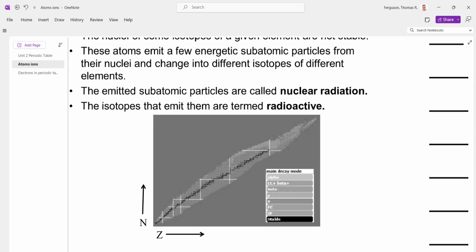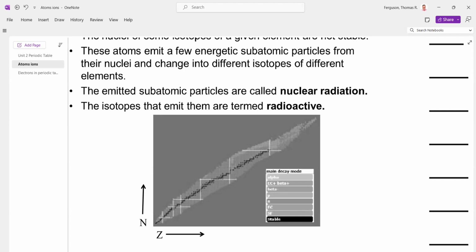One ratio is more stable than the other. Usually it's a 2-to-1 ratio. So the slope of this line is 2. If it's out of the 2-to-1 ratio, it becomes more unstable and starts to give off subatomic particles. And that's what radiation is: an element becoming more stable by emitting stuff.